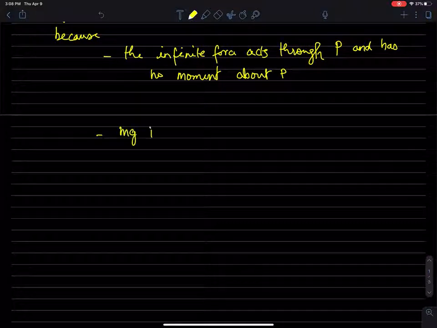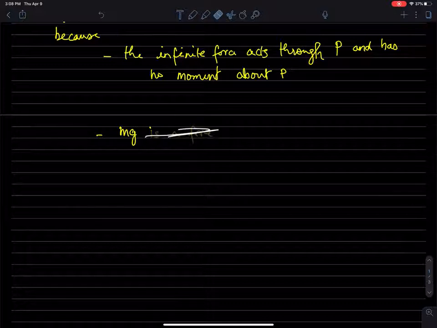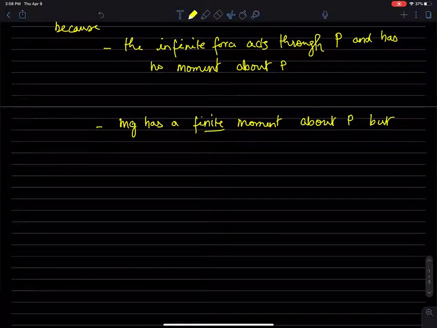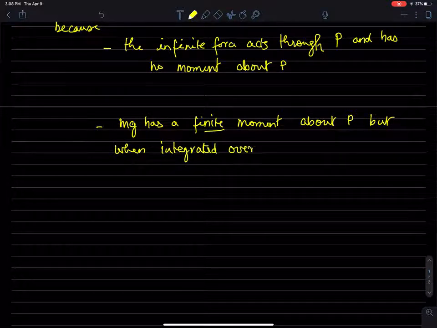Mg is a force that has a finite moment, finite meaning not infinite, about P, but when integrated over an infinitesimal duration, it's got essentially a zero impulse.